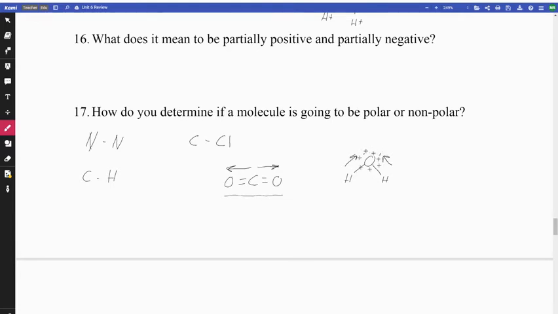If you have bent or trigonal pyramidal with lone pairs on the central atom, then that is going to not cancel the poles out, and it will make it so that it is a polar molecule.